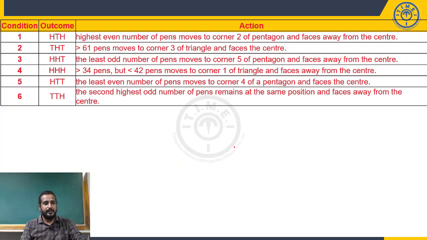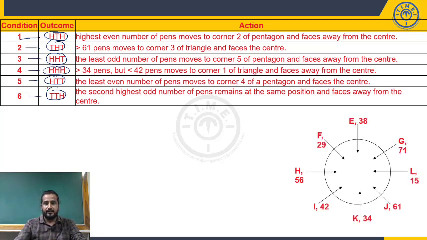If it is this condition, highest even number of pens moves to corner 2. These are the outcomes, right. We already discussed outcome 1, outcome 2, outcome 3, outcome 4, outcome 5 and outcome 6 are also matching with conditions, so we can apply that.